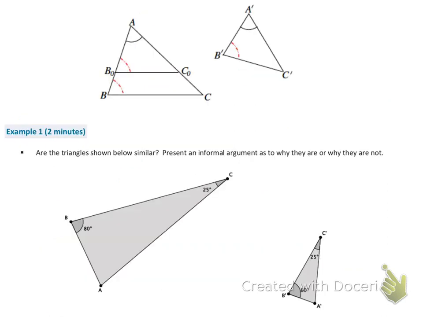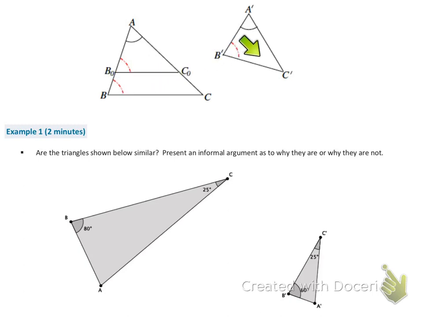Okay, but that was a special case, you say, where the vertex A was the same for both triangles. But what if we had a situation like this diagram that's at the top of the page here? I have triangle ABC and triangle A'B'C', and I'm given that these two angles are equal.